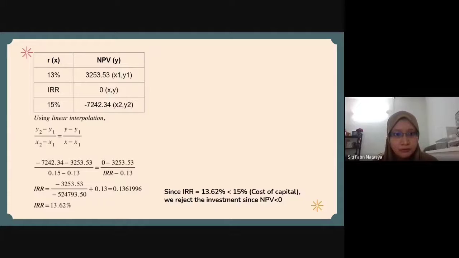And x2 is 15%, and the corresponding y2 is the negative NPV value. If we substitute into the linear interpolation formula, we will obtain an IRR of 13.62%, which is less than the 15% cost of capital. So we reject the investment since the NPV will be less than 0.